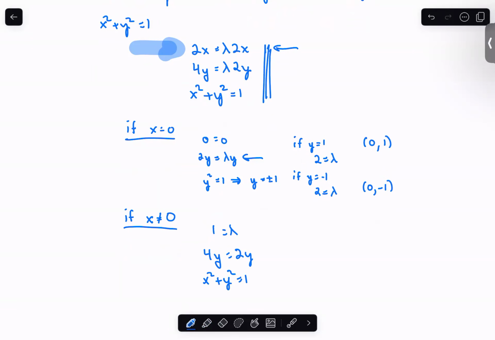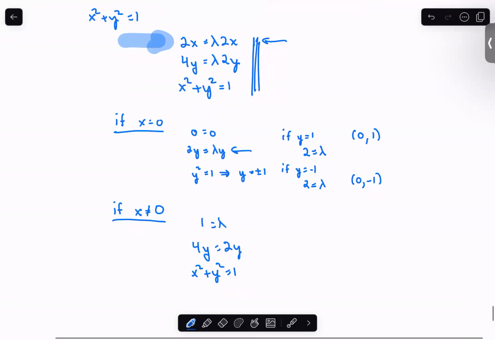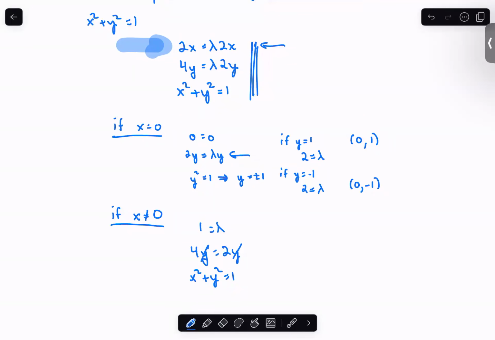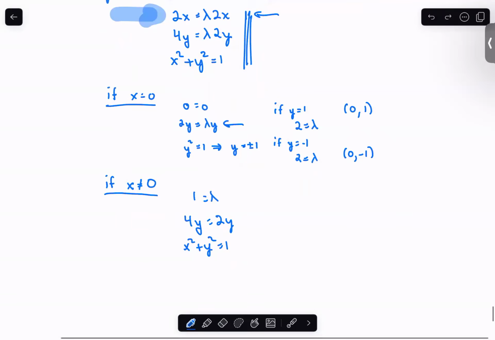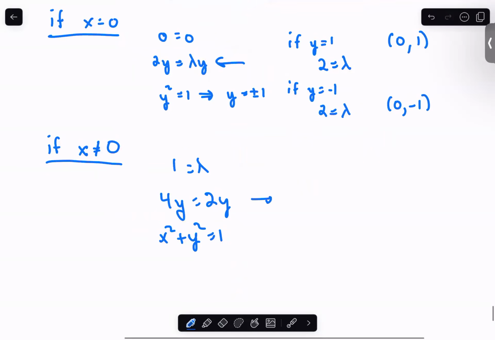Now, it's pretty hard to make 4y equal to 2y, right? The only way that this really happens is if y was equal to 0. Otherwise, if y is not equal to 0, then these would cancel, and you just get 4 equals 2, and now you have a nonsense answer. There's no way that you can make 4 equal to 2. So this implies that y has to be equal to 0. Otherwise, the second equation is not satisfied.